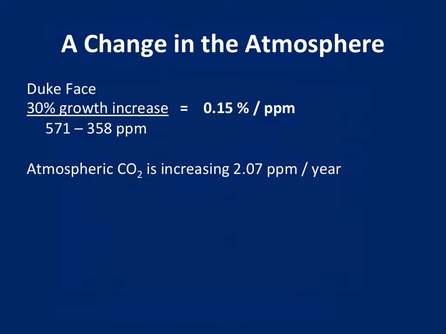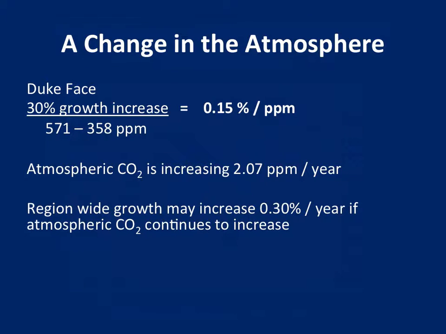The atmospheric CO2 is increasing about 2.07 parts per million per year. So region-wide growth for loblolly pine, which is, I should say, exquisitely adapted to elevated CO2 levels, is about 0.3% per year. And this is additive, right?